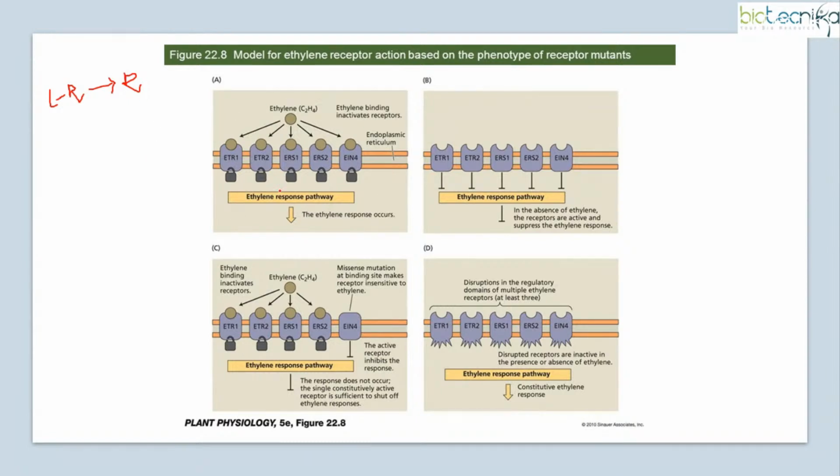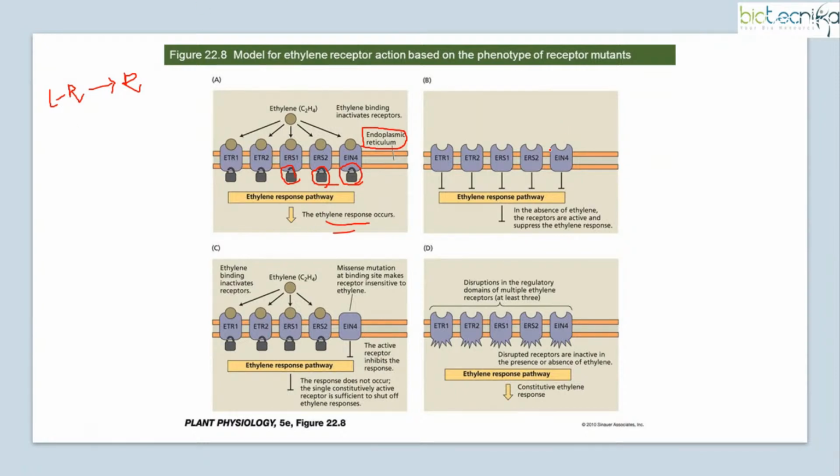But in this case, you have to remember the other way around, because when ethylene binds to the receptor, and where is the receptor present? See, in the ER. So when ethylene binds to its receptor, the receptor is inactive. That is shown in the form of a lock position. And because of that, we are getting the ethylene response. So that is a unique feature for ethylene binding.